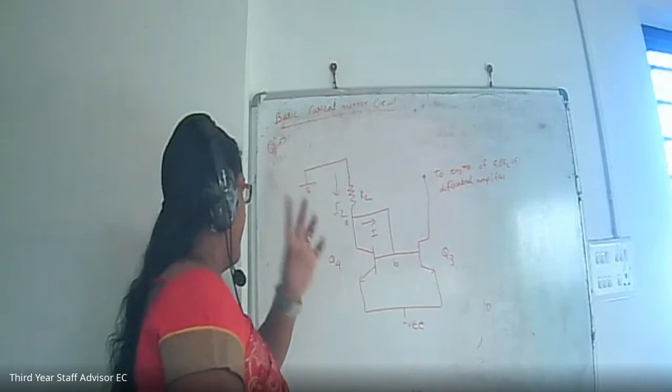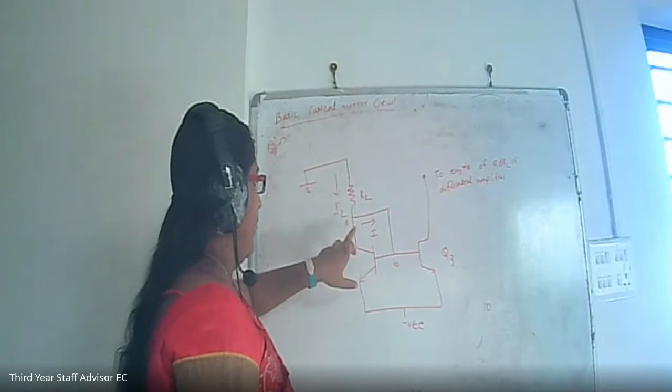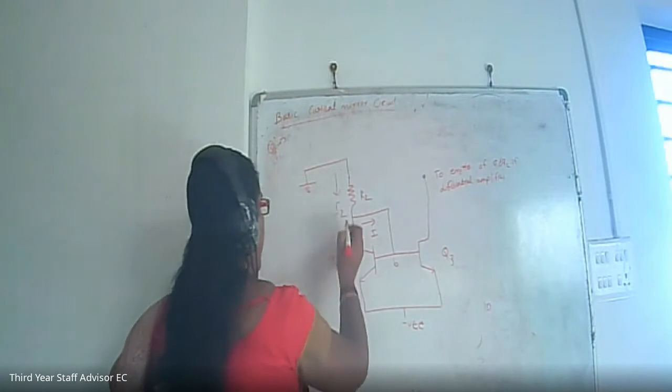See, here there is a resistance R2, and this forms the current mirror circuit.